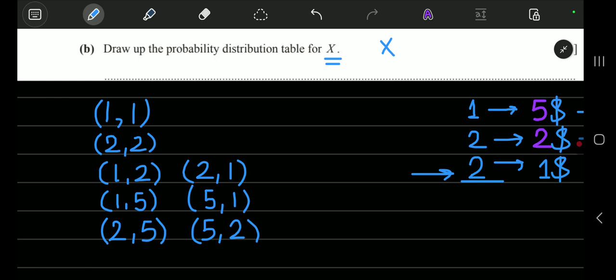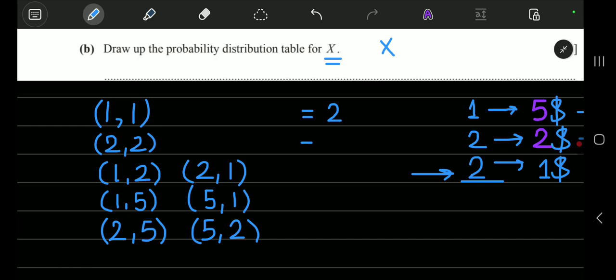These will be the sample space, all the possible outcomes. If we have 1 and 1, that adds up to 2, so the random variable x is 2.